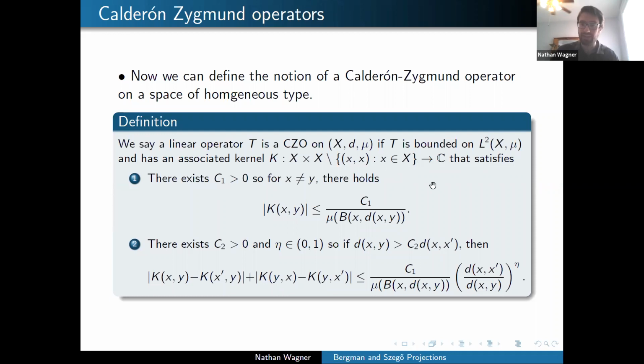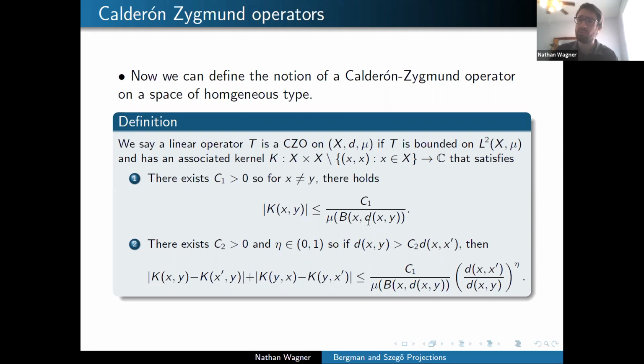The first one is like a size condition. It says that there exists some constant C1 greater than 0 so that for x not equal to y, we get this estimate: the modulus of K(x, y) is controlled by a constant over the measure of a ball centered at x of radius d(x, y), the distance in the quasi-metric between x and y.